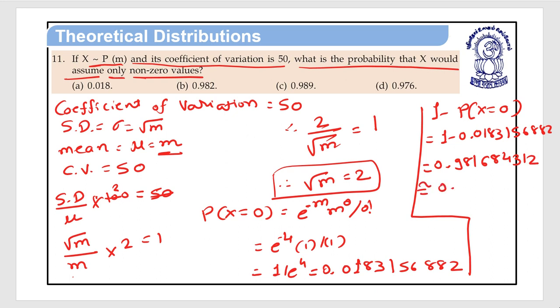Approximation is 0.982. So option B is the right answer of question number 11.